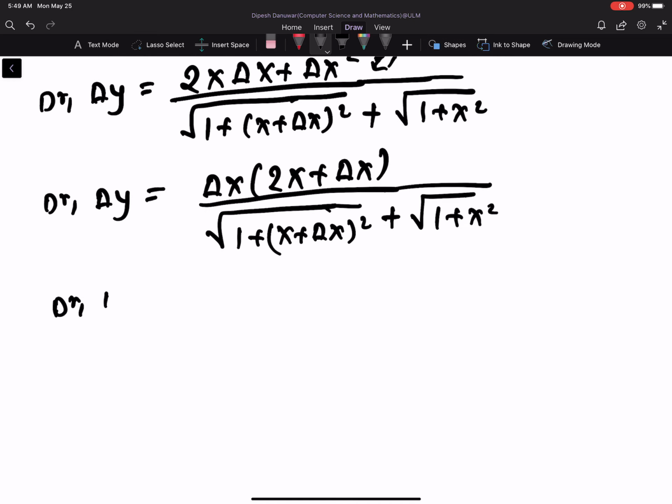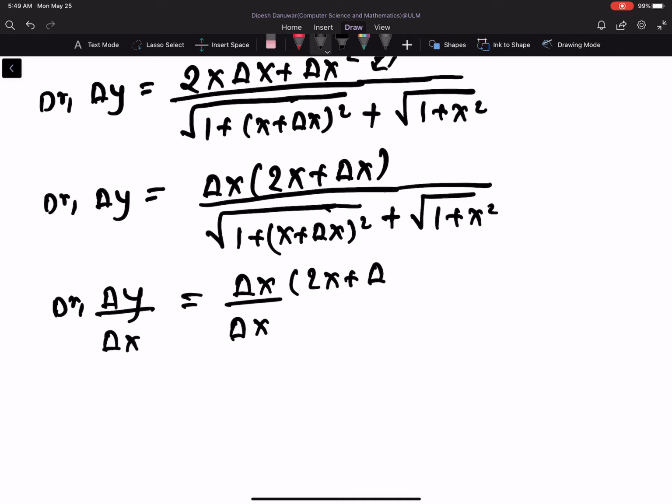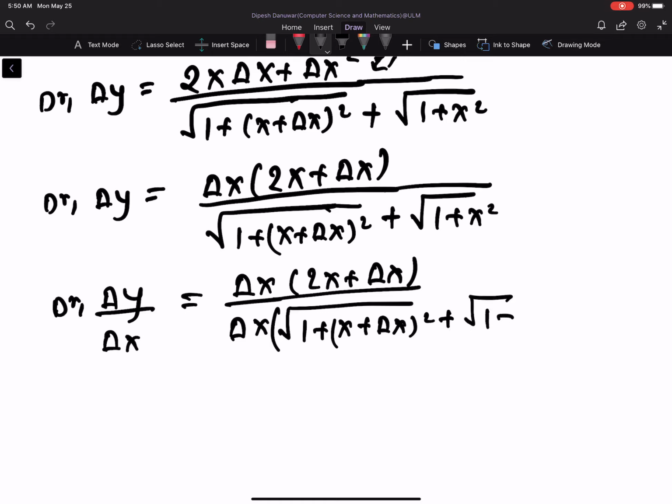So now divide both sides by delta x, so delta y by delta x is equal to delta x by delta x, (2x plus delta x) by root under 1 plus (x plus delta x) whole square plus root under 1 plus x square.